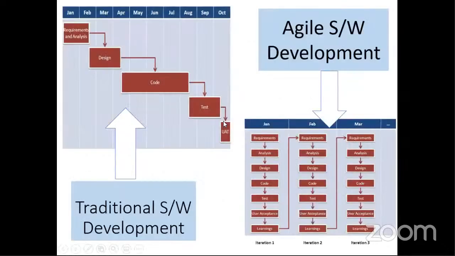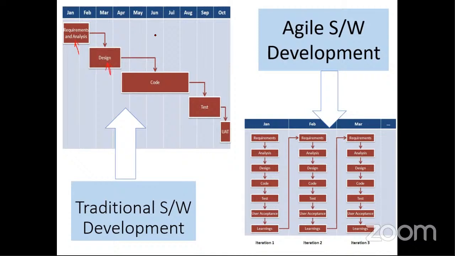Let's see what happens with traditional software development and agile software development. Suppose this is a timeline from January to October. In January and February, I have the requirement gathering phase. Then February and March, the design phase.